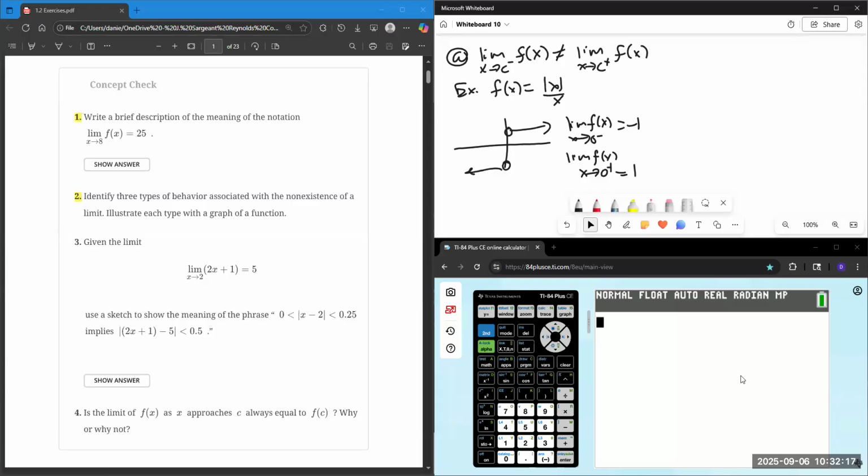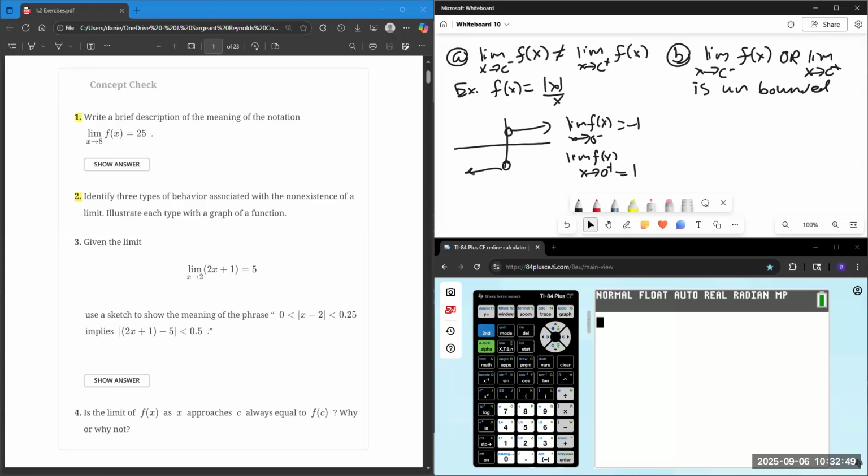All right, another situation would be the limit as x approaches c from the left of f of x, or the limit as x approaches c from the right, is unbounded.